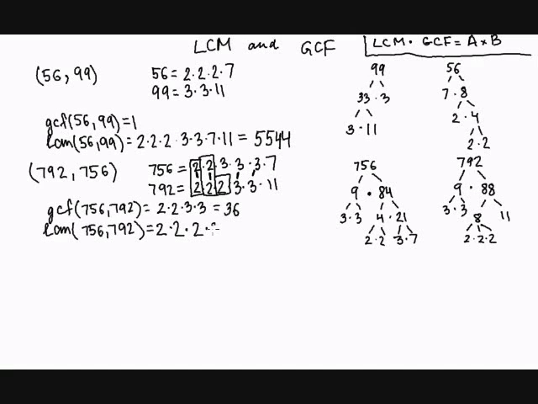Then I'm going to write 3, which is this 3. Then another 3, which is for this common factor, and another 3, which is for this common factor. And then I'm going to write 7 for this 7, and I'm going to write 11.